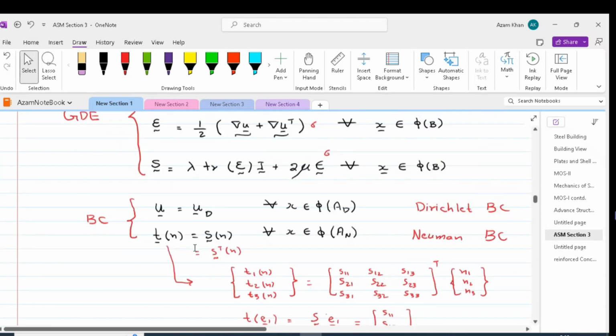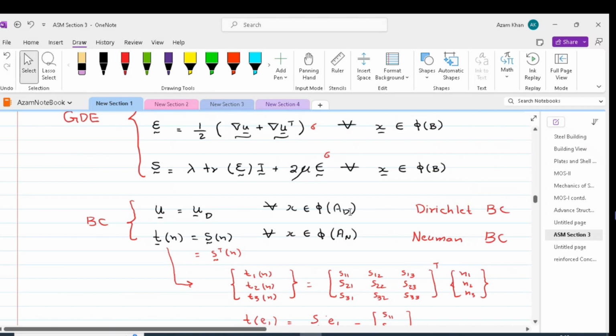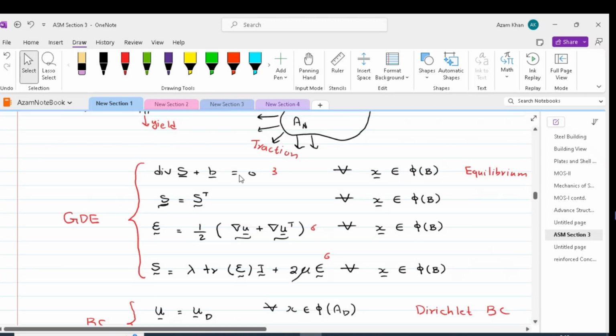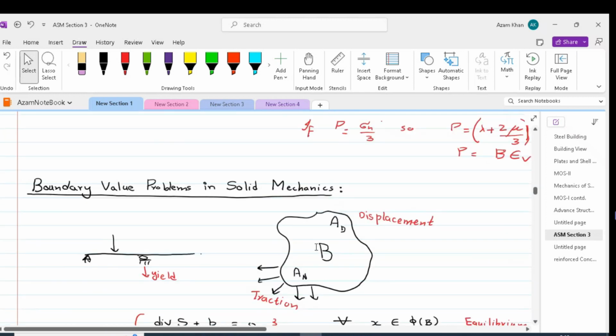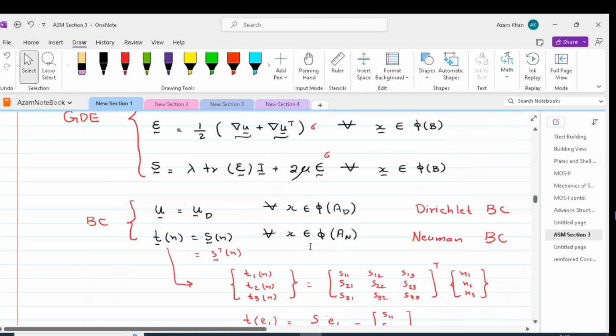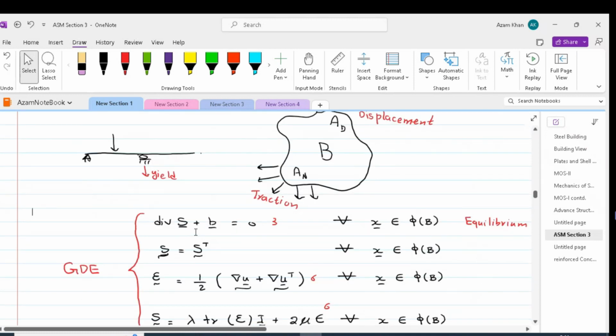That's why we specify the boundary conditions on the area, whereas the governing differential equations are all defined on the whole volume. So phi b is actually the volume of the body, and phi a is actually the surface area of the body. From this discussion, we can realize that the problems in solid mechanics require 3 basic components.